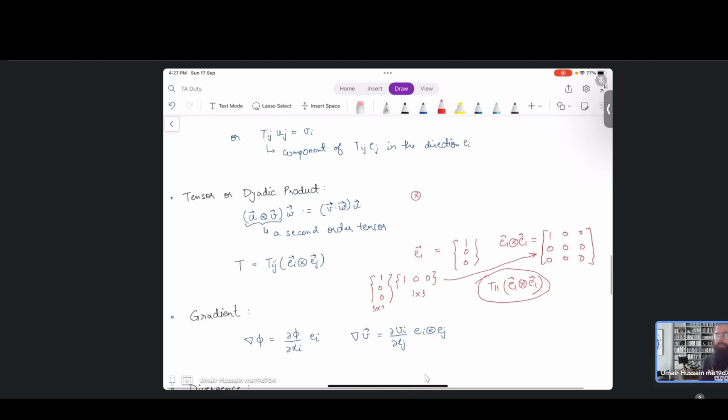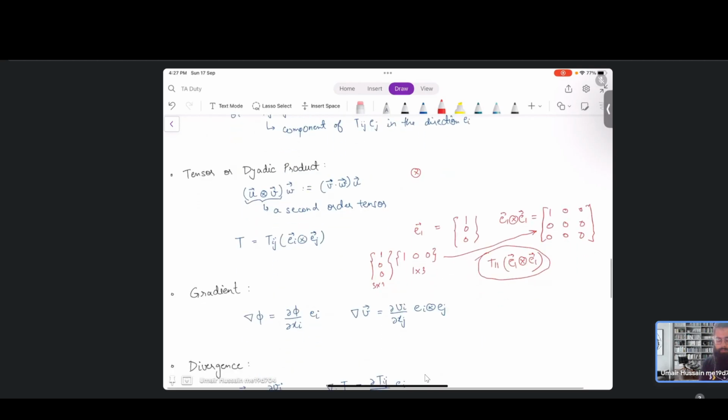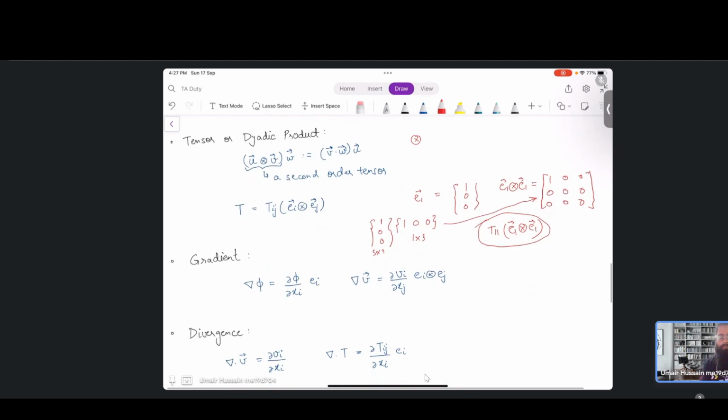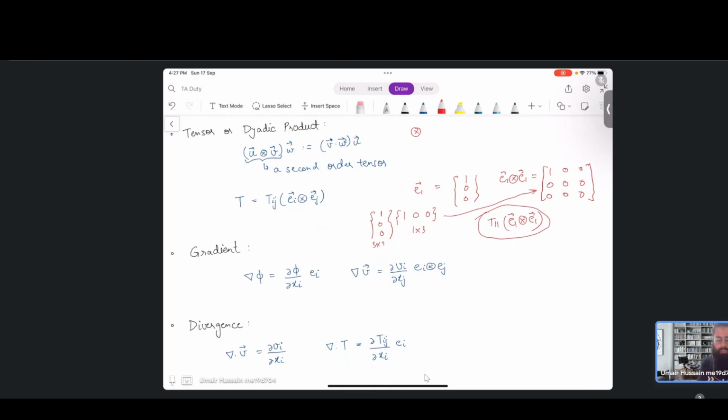And then next we move on to the gradients. A gradient of any quantity basically increases the order of the tensor of that quantity. So if we take a gradient of a scalar function, we get a vector.